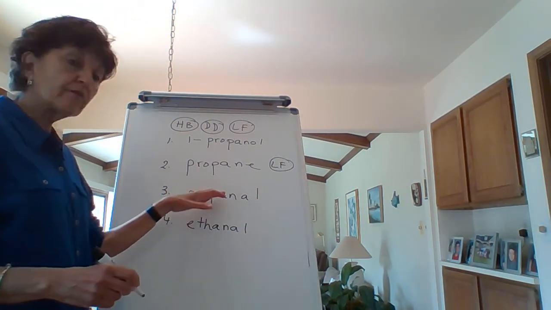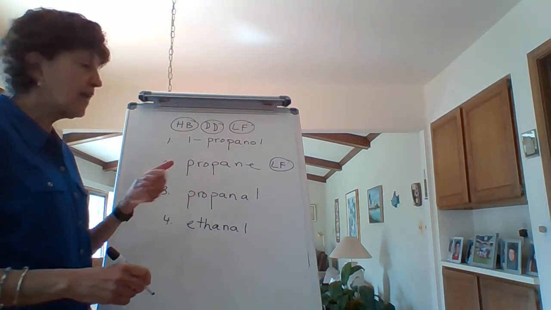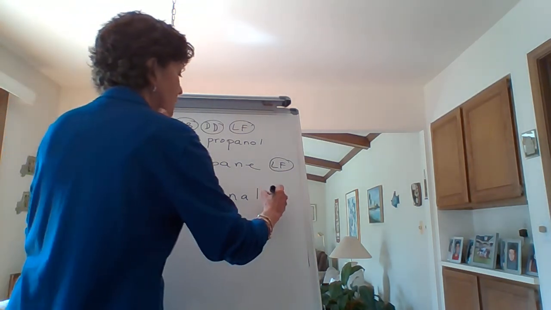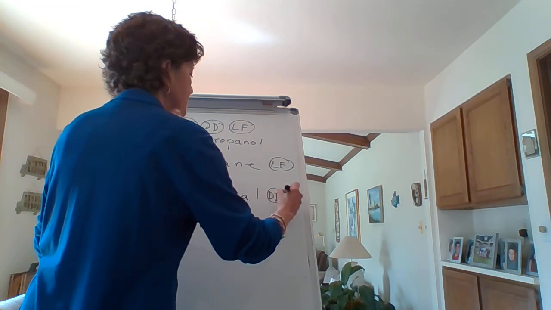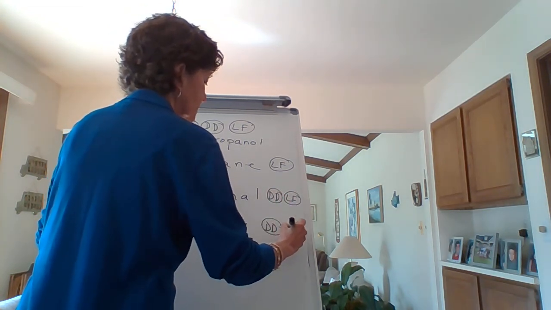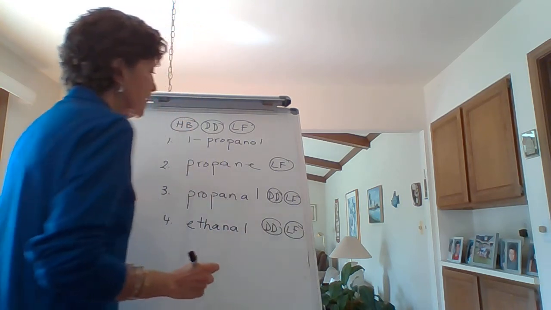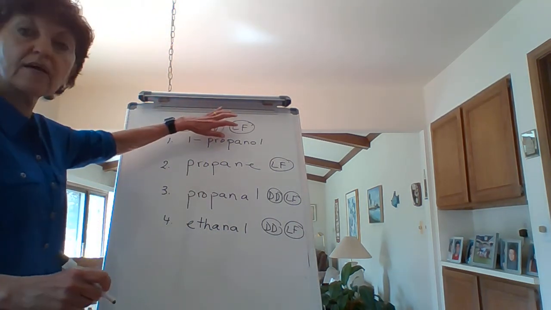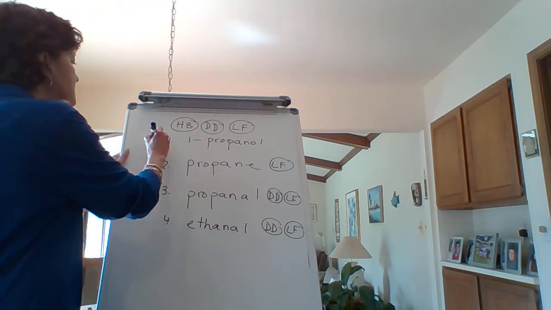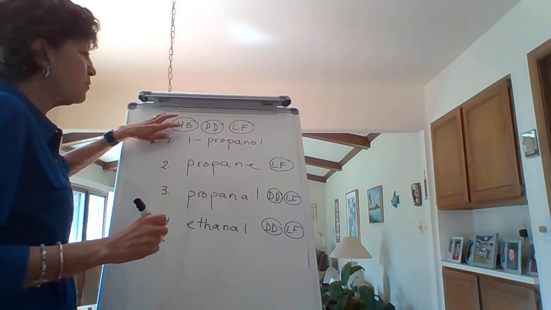Propanal and ethanal, they're both aldehydes. They can't do any intermolecular hydrogen bonding, but they can do dipole-dipole and London force. Okay, good. Now, obviously, this one's going to have the highest boiling point because it's got the most intermolecular forces.